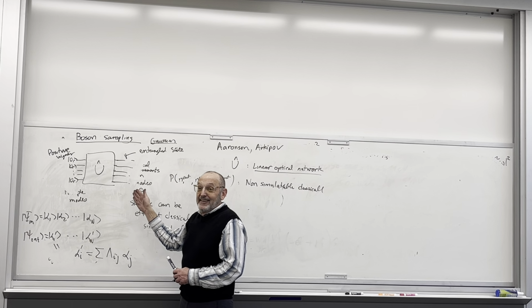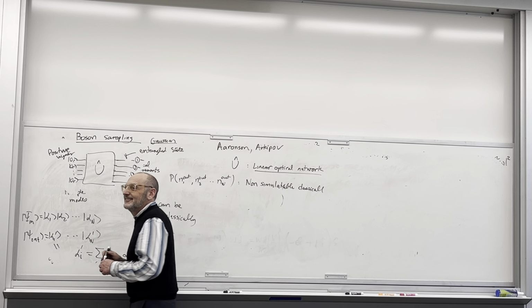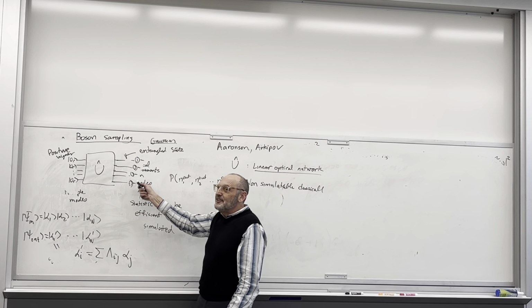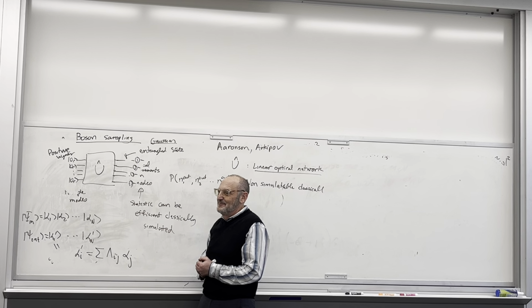That's like measuring in the computational basis of the X and P. That will be completely sampleable from a Gaussian. But instead, suppose I count photons. That's a non-Gaussian measurement. Will this probability distribution be simulable or not, or some version of it?